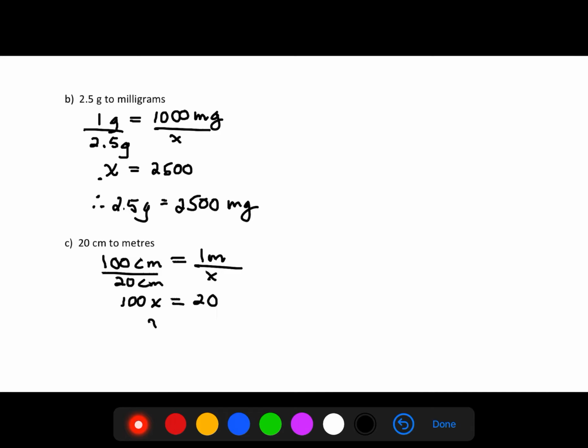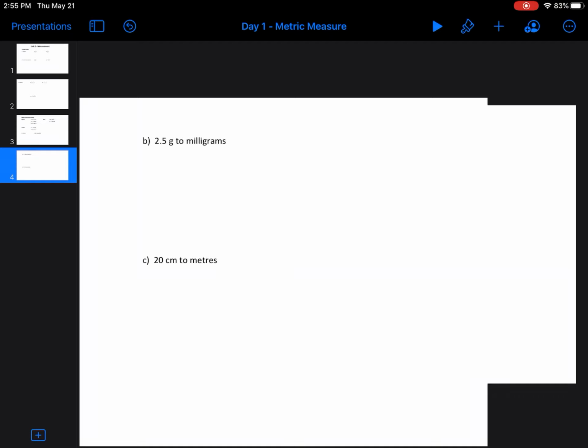Cross multiplying, 100x equals 20, and x is going to be equal to 20 divided by 100, or 0.2. So again, just quickly stating, therefore 20 centimeters is equal to 0.2 meters.